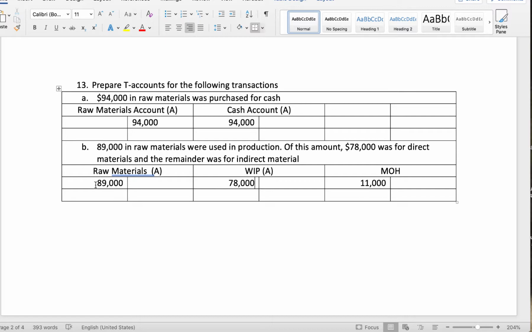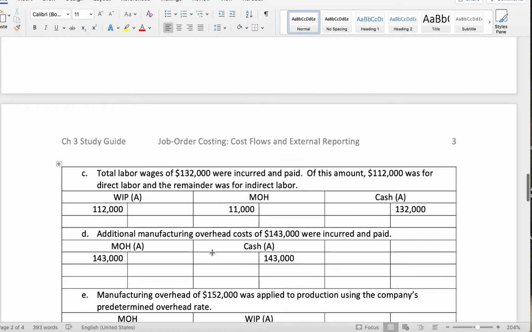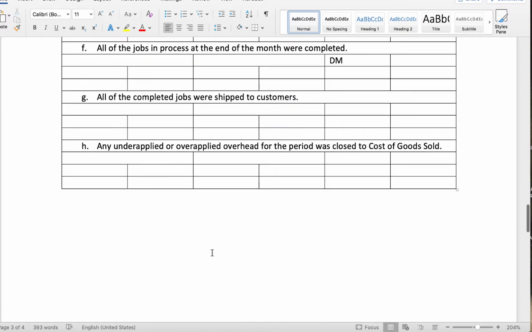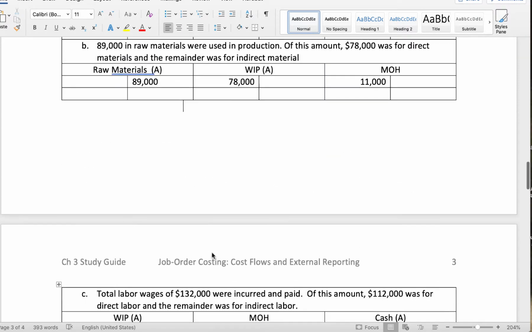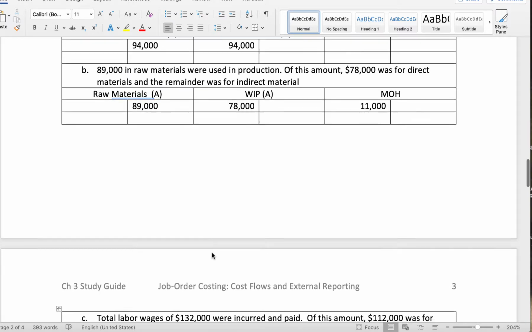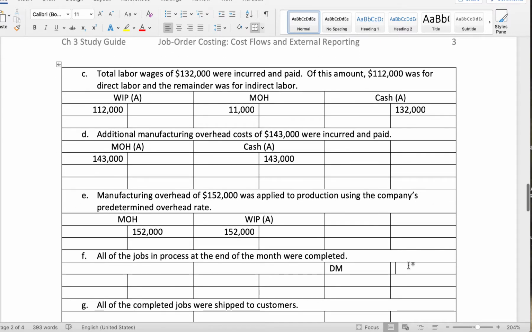Same thing for raw materials. Raw materials is leaving, so I need to credit that. Okay, there we go. So now we're right. The direct materials that were applied to WIP is $78,000.